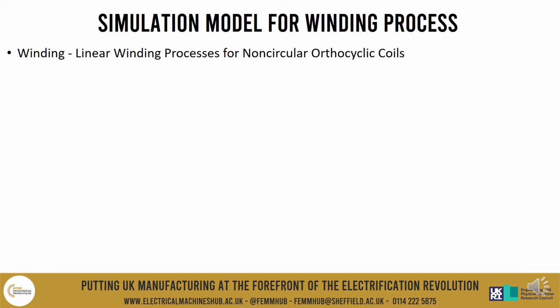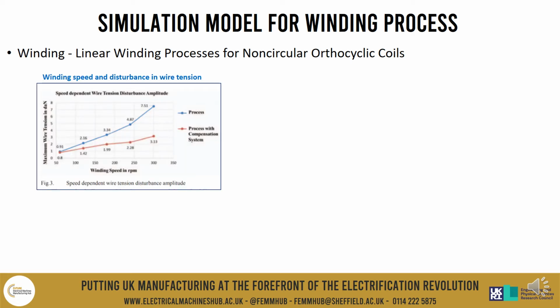A discrete event simulation model was prepared for linear winding processes for non-circular orthocyclic coils. The winding process was broken into individual steps and then functions were modeled for each step. Literature revealed that disturbances or variations in set wire tension were heavily dependent on the winding speed.